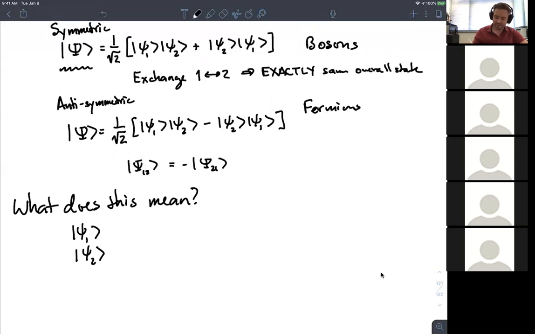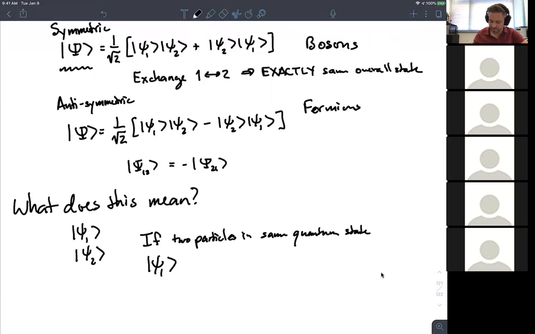If two particles are in exactly the same state, so if we have two particles in the same quantum state, then Psi1 is equal to Psi2.